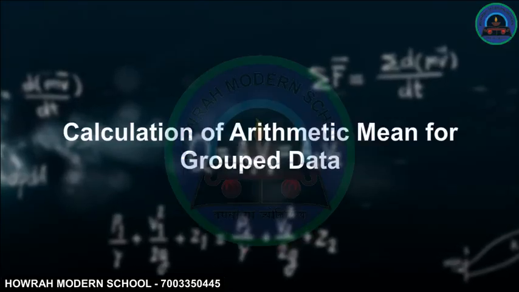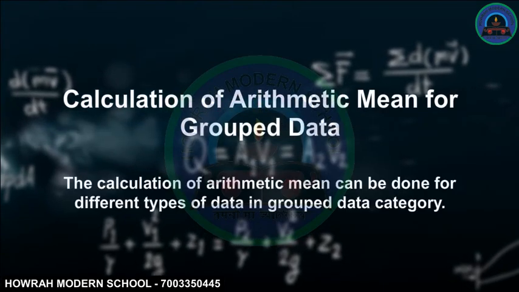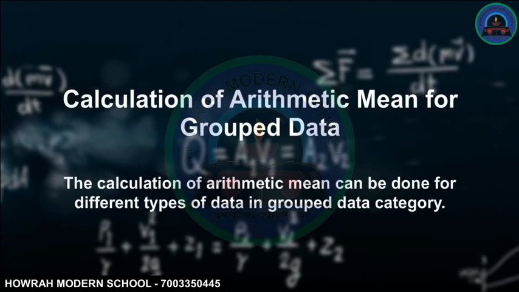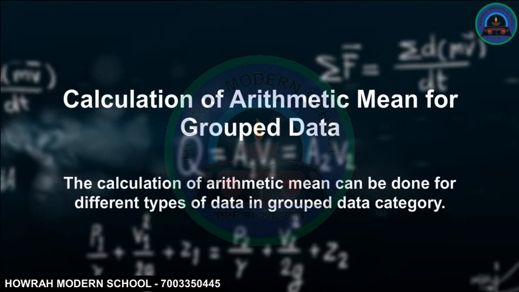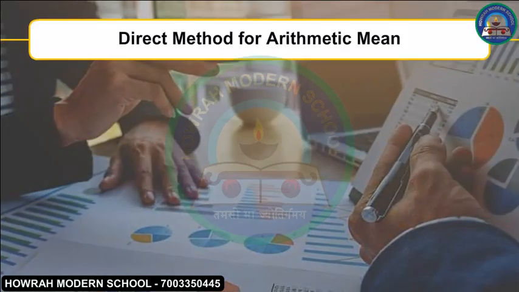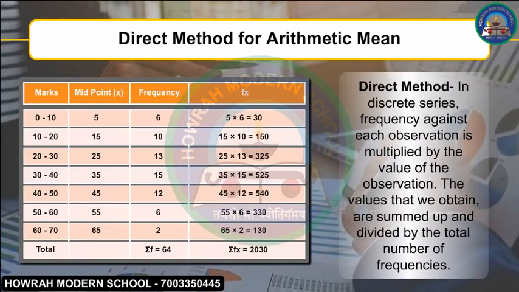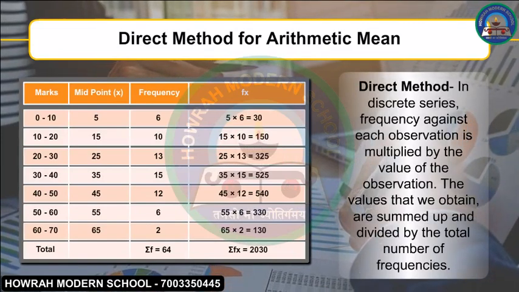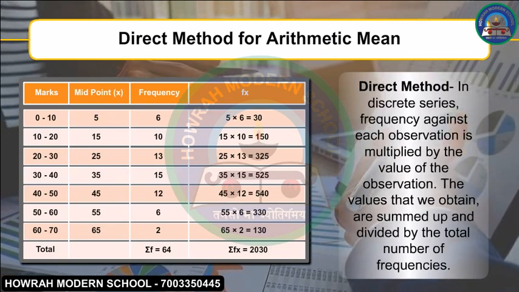Calculation of arithmetic mean for grouped data. The calculation of arithmetic mean can be done for different types of data in the grouped data category. Discrete series. Direct method. In discrete series, frequency against each observation is multiplied by the value of the observation.